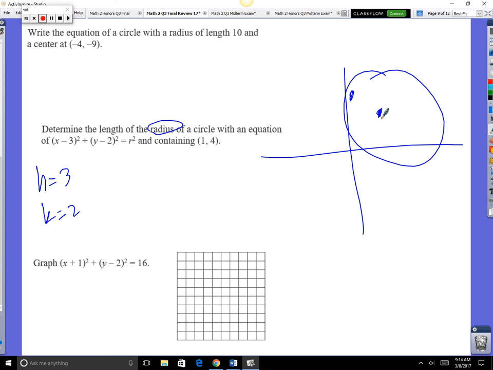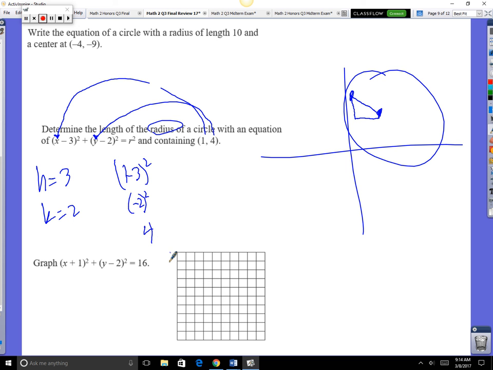So from the center to that point, you can either make a triangle and do a squared plus b squared equals c squared, or you can take this 1 and plug it in place of the x and take the 4, which is a y, and plug it in for the y. So we can do 1 minus 3 squared, which is a minus 2 squared, which is 4.